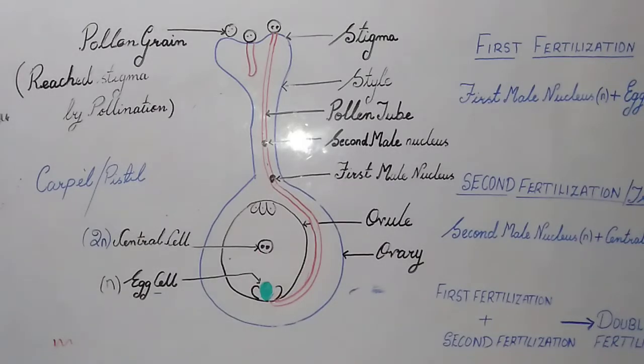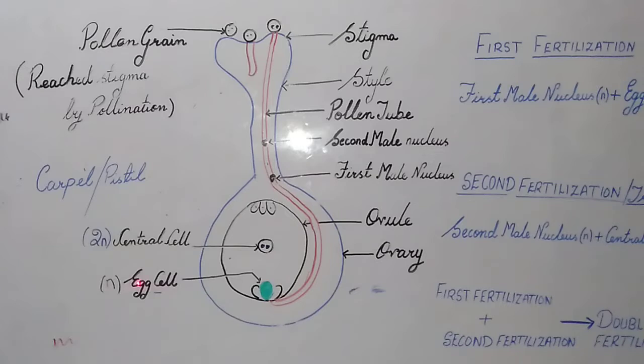Then somewhere in the center, we have the central cell. This central cell is diploid, 2n, because it is formed after fusion of two polar nuclei. The egg cell is haploid; gametes are haploid. The egg cell is the female gamete of the plant. I hope you remember what we mean by gamete.